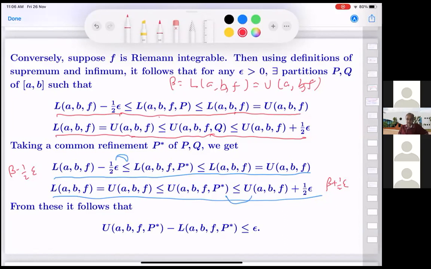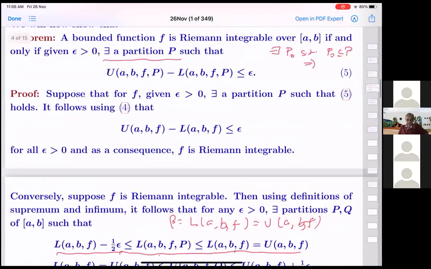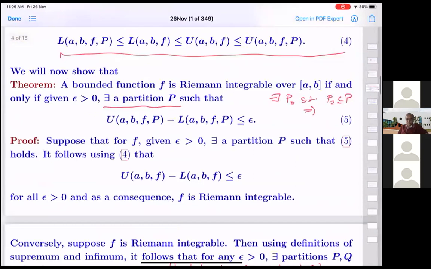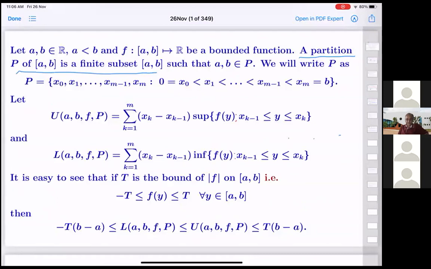For example, instead of taking upper bounds over all partitions, suppose we had started off by saying that for every integer n, you just divide the interval a to b into n equal parts, and then take the upper bound for n equal parts, and now take the limit of this if it exists, etc. That could have been an approach tried by some, and for some sets of functions that one works, for some sets of functions it doesn't work.